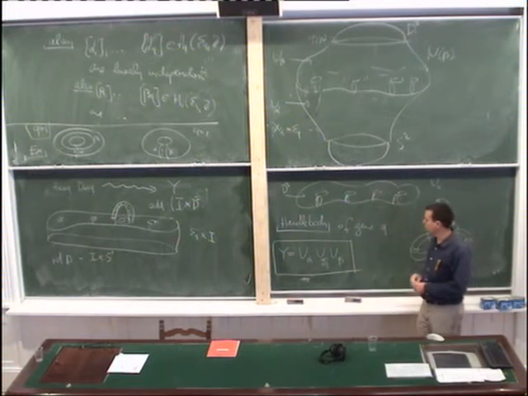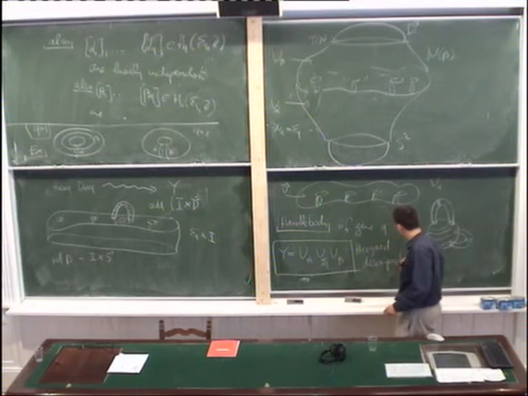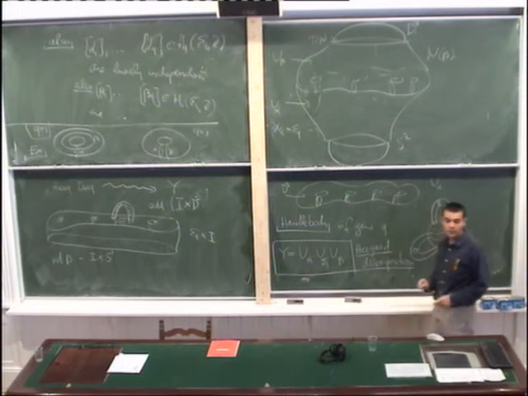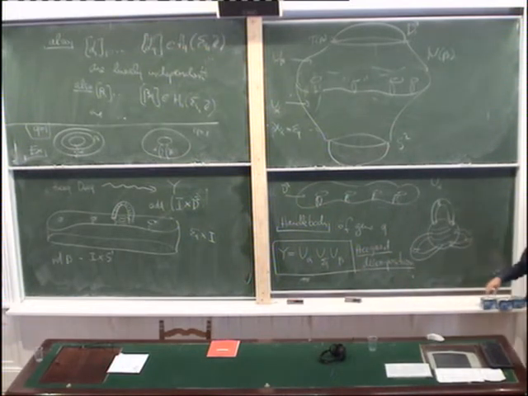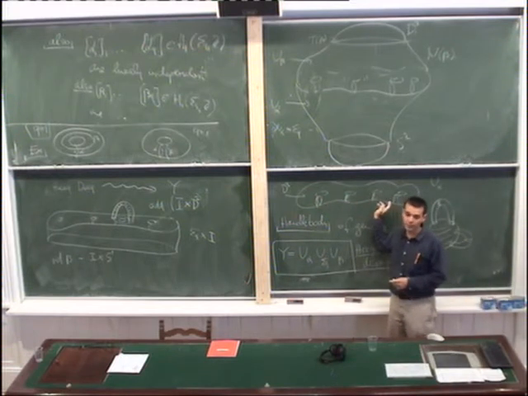Such a decomposition is called a Heegaard decomposition. So what we have seen is that our Heegaard diagram always gives us a Heegaard decomposition. In the Heegaard decomposition, we forget the position of the alpha and beta circles. We just remember the handle body that we built up.